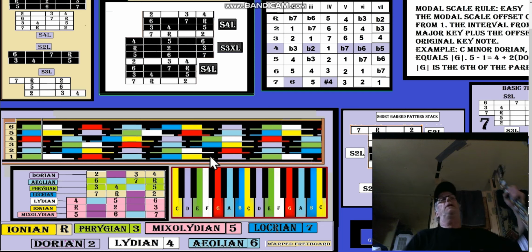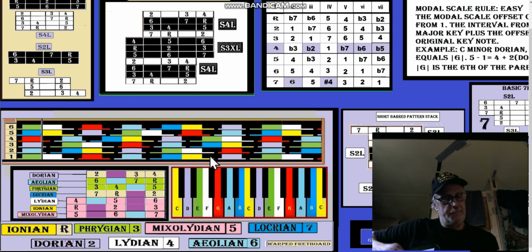If I'm going like this, you know that it's the second and the third minor, because there's no other two minors except the second and the third minor. There's no other two majors except the fourth and the fifth.